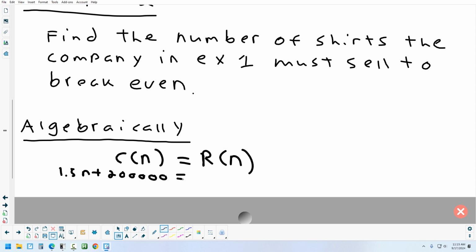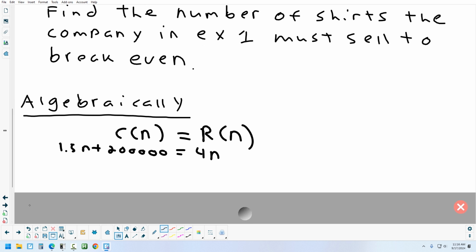What was my formula for revenue? Yeah, 4n. Now just solve it and see what you get. So bring the 1.5 to the other side. And my last step, divide by 2.5.